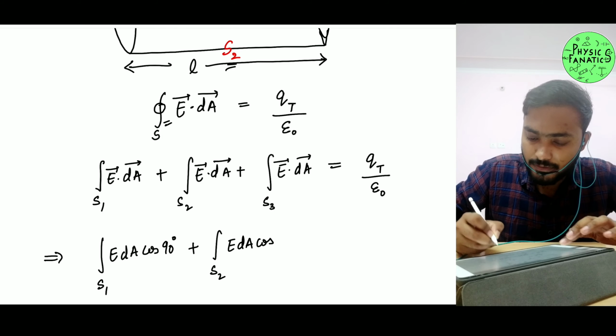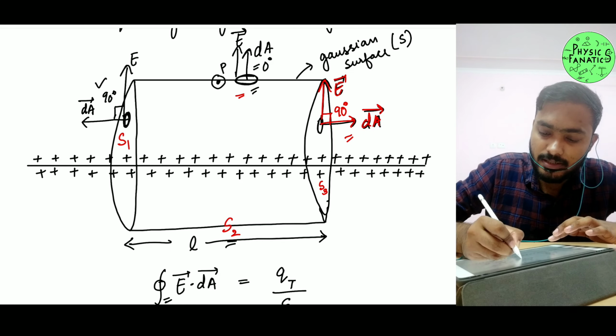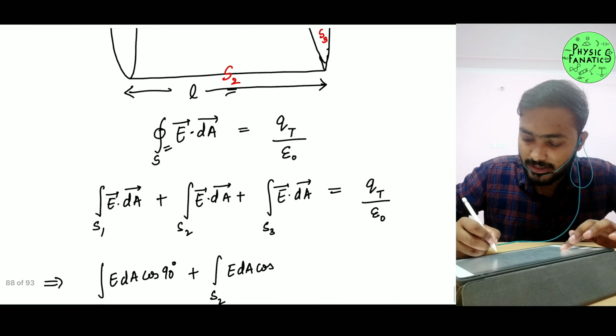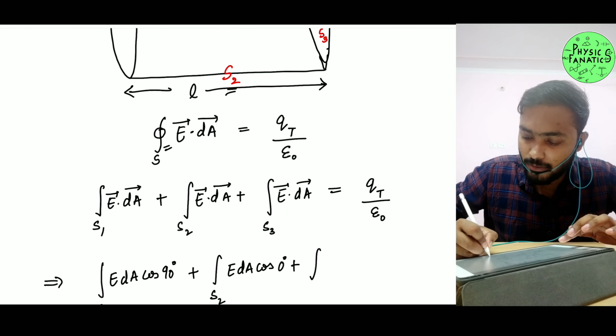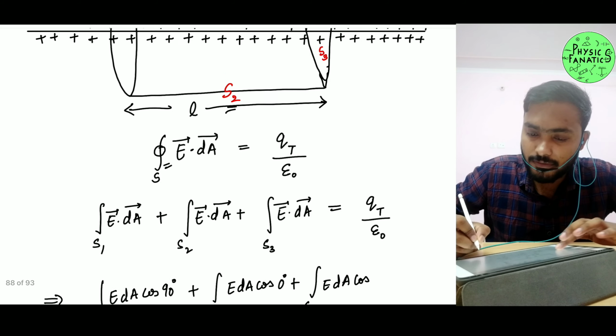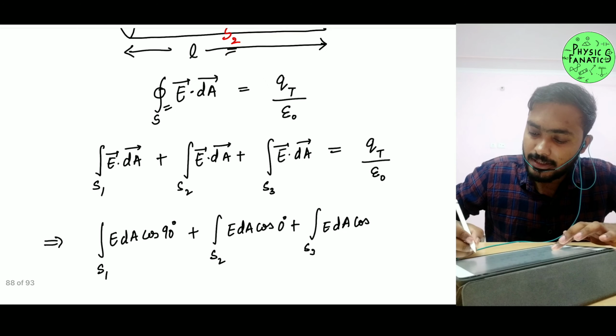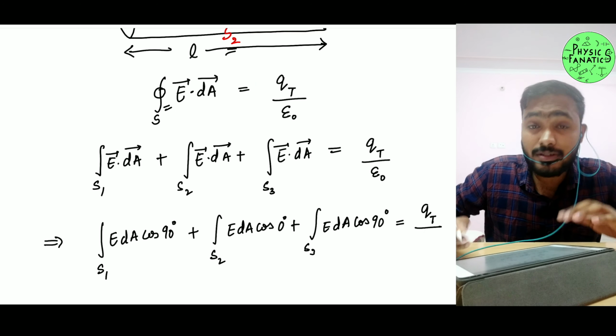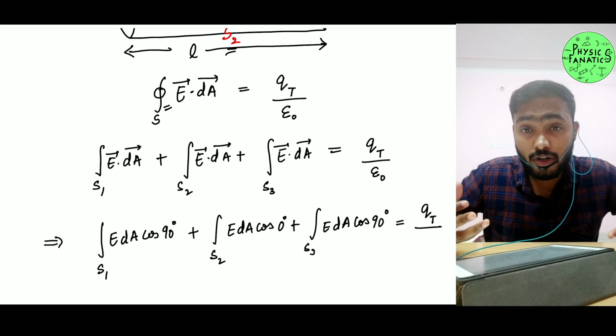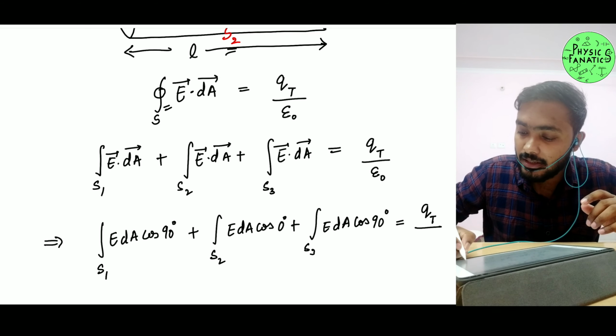E dA cos of the angle between them, which is 0, so you will write cos of 0. Let's talk about the third one, that is S3. E dA cos of the angle between them, which is 90, so I can write cos 90, and that is equal to Q total, that is enclosed inside your closed Gaussian surface, that is your cylinder, divided by epsilon.